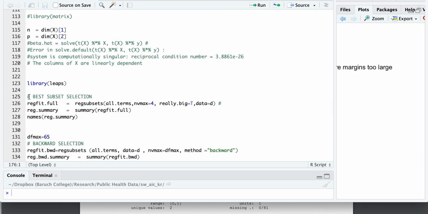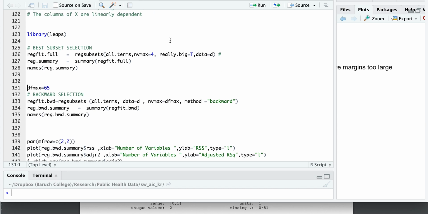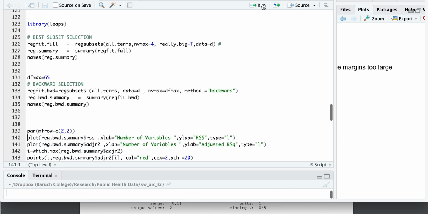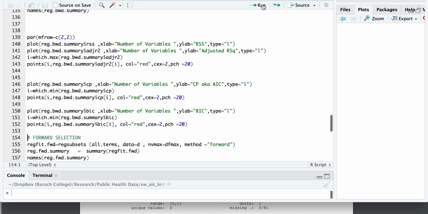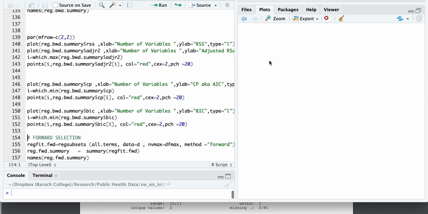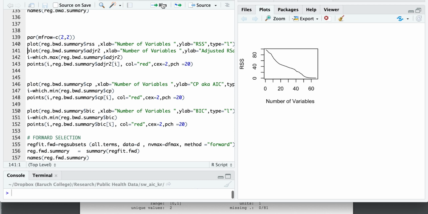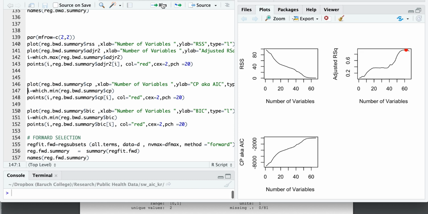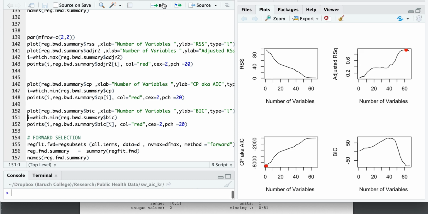What we see here is, so we want the model with the largest adjusted R-square, smallest BIC, smallest AIC.